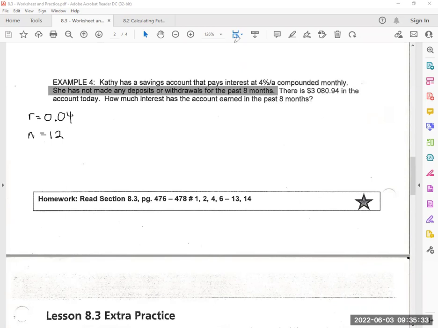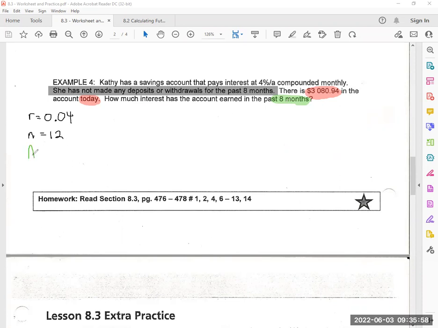Read it carefully, everyone. There is $3,080.94 today. How much interest has the account earned in the past 8 months? So it's looking in the past.